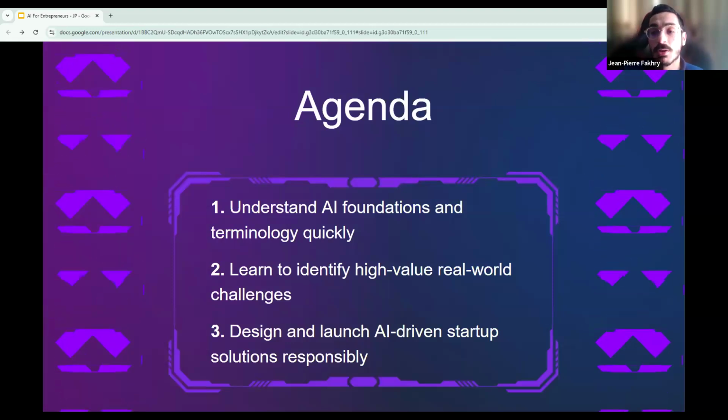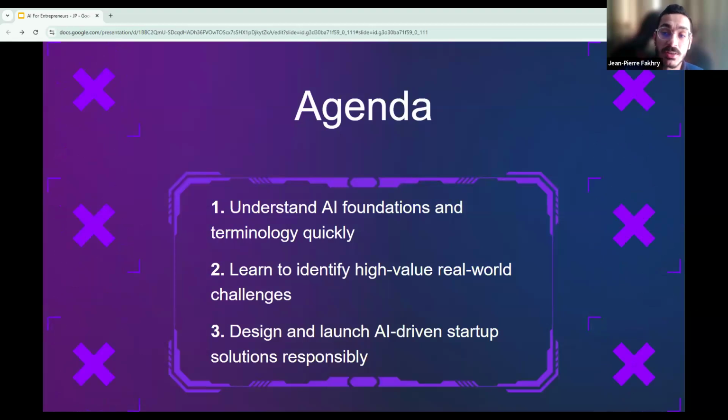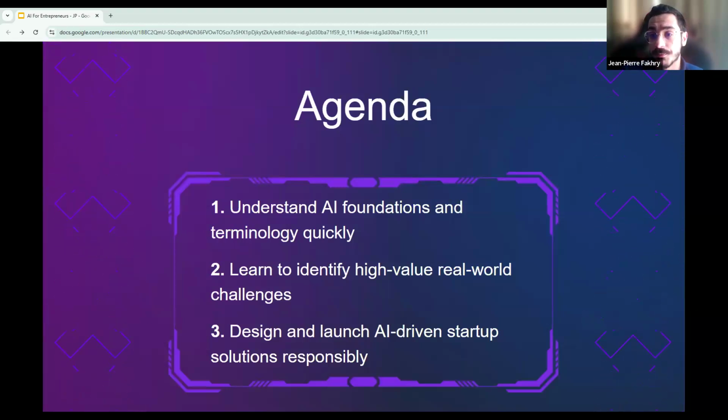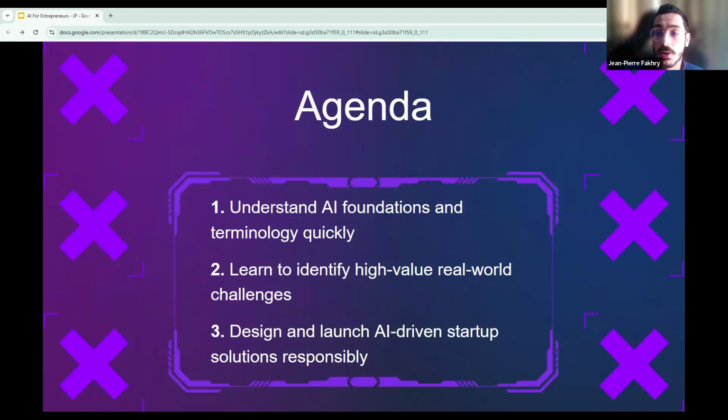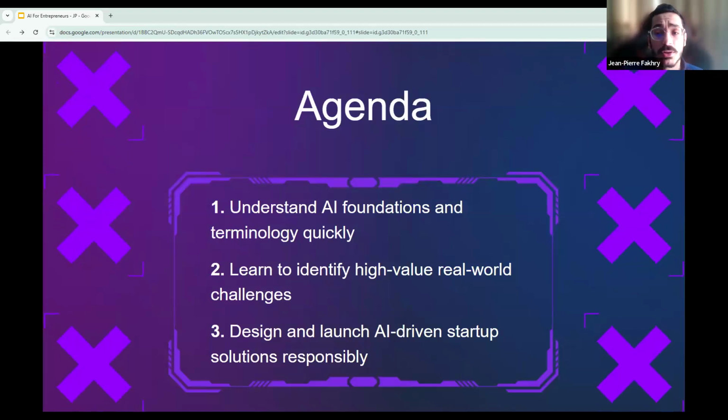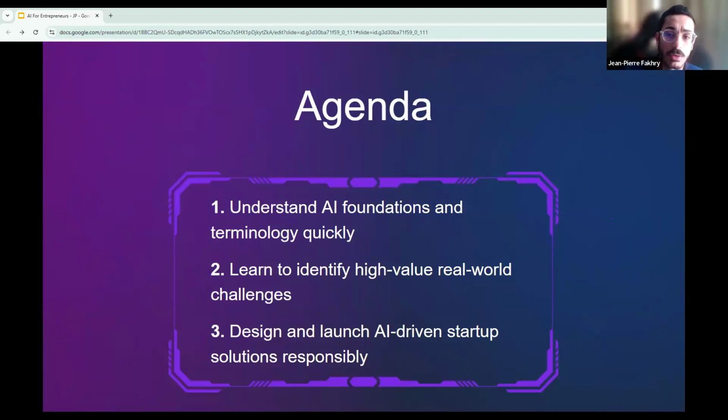Finally, we will connect the dots of how you actually design, build, and launch something that uses AI responsibly. By the end, you will have a repeatable method, not just a one-time insight. That means you can pick up a new industry, a new problem, and run the same process again. That is the goal of this session.